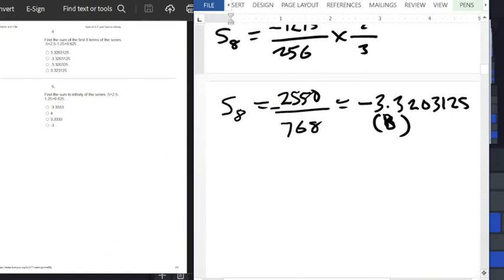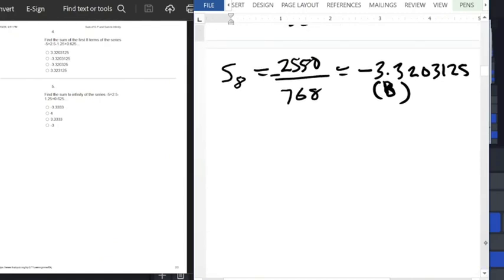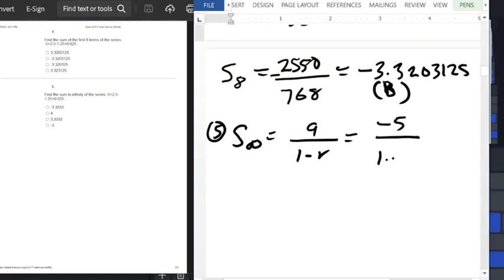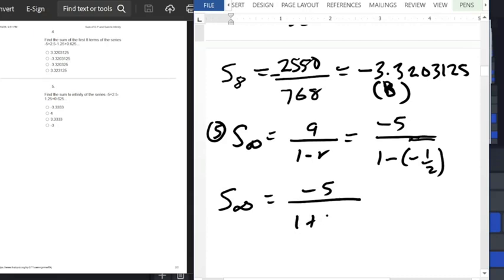So we are asked to use the series for the sum to infinity. The sum to infinity formula is S infinity equals a over 1 minus r. A is the first term, which is minus 5, all over 1 minus the common ratio. Common ratio is minus half. So we have S infinity equals minus 5 all over 1 plus 1 over 2, so minus 5 all over 3 over 2.